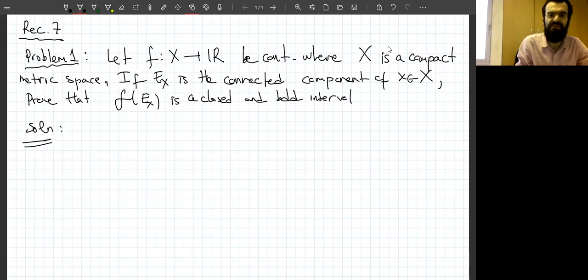Okay, what can I do? I can first restrict our f to E_x.